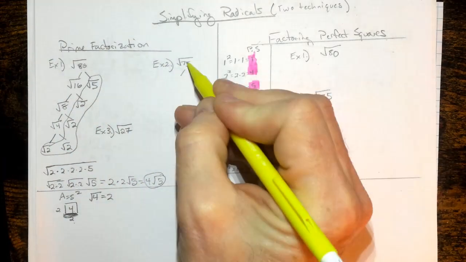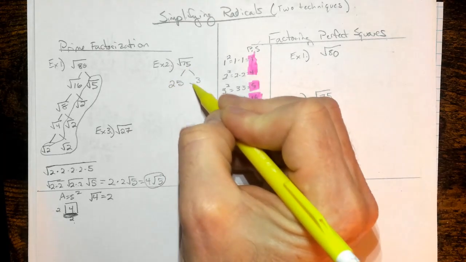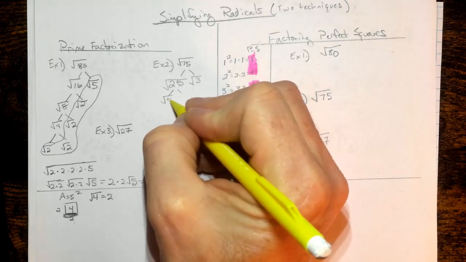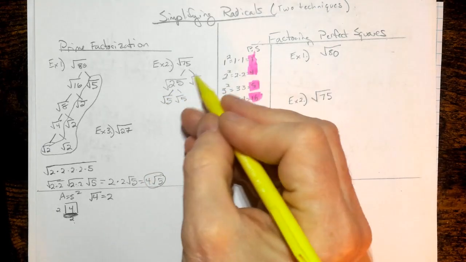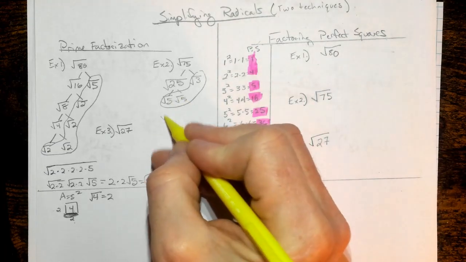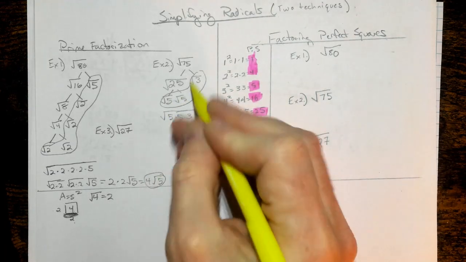I can factor this to 25 times 3, and again, I am under a square root, so I will put that over, and then this is 5 times 5. So here are my prime factors of the square root of 75. Again, I would have the square root of 5 times 5 times 3. Those are all prime factors that multiply up to that.